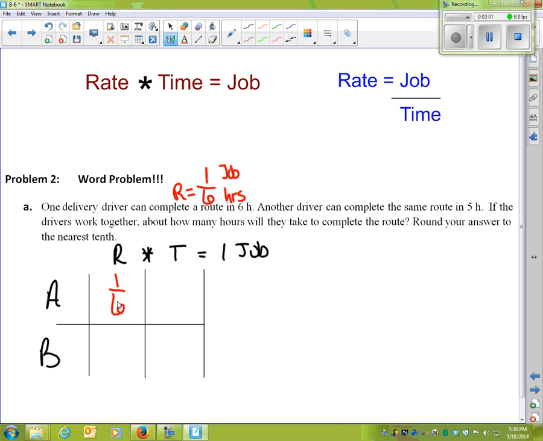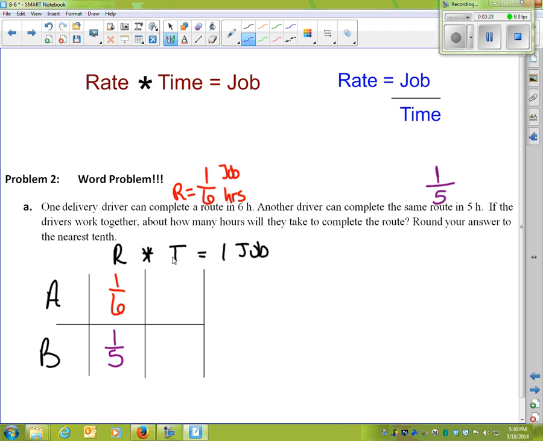Another driver completes the same route in 5 hours. 1 route in 5 hours. His rate is 1 over 5. So again, I took the job divided by the time. Right?